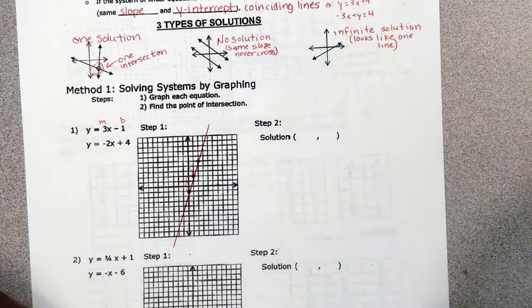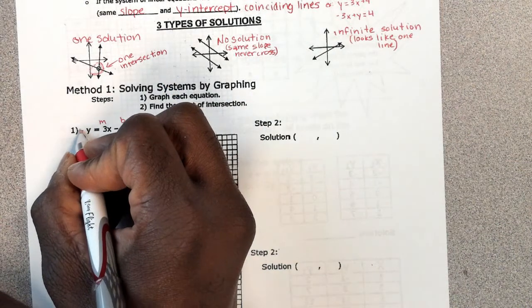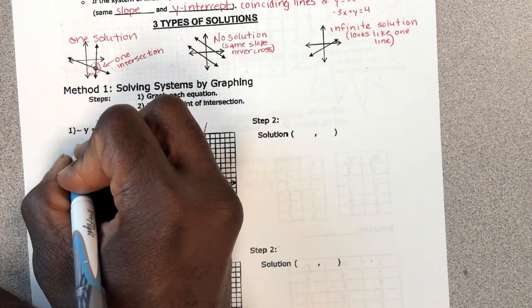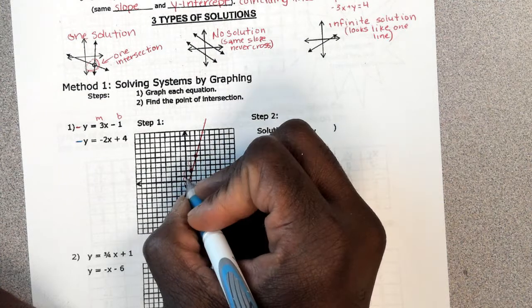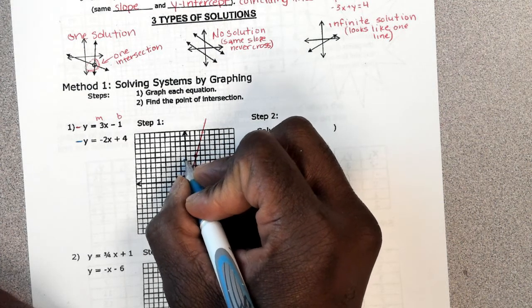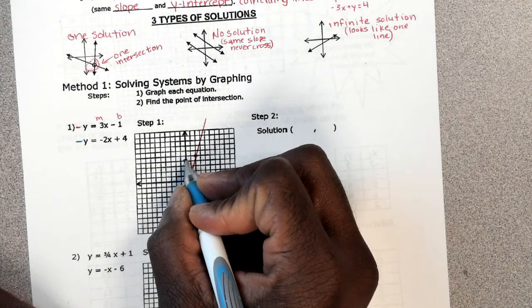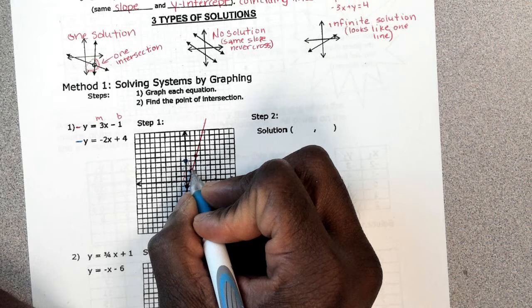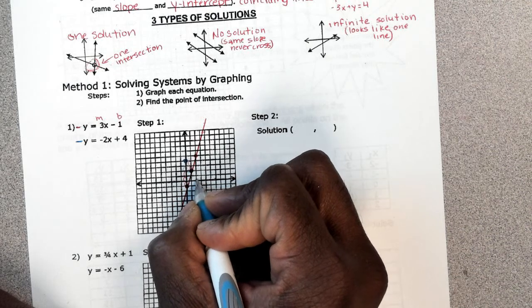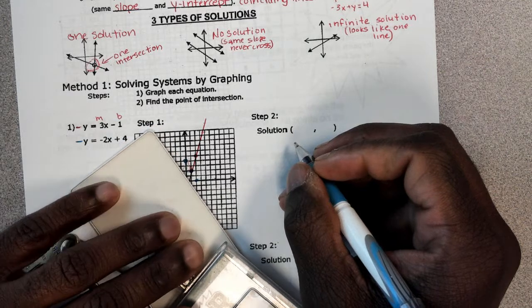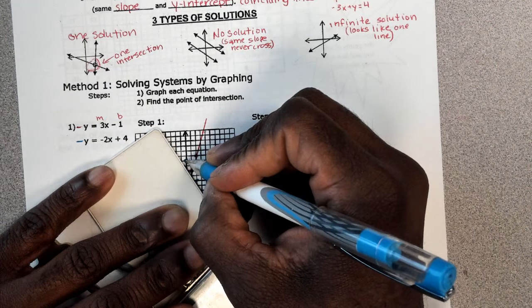So that's that one, and I'm going to use another color for the second. Again, start at the y-intercept. 1, 2, 3, 4. And go down 2, since it's negative, over 1. Down 2 over 1. And then again, draw this straight line.